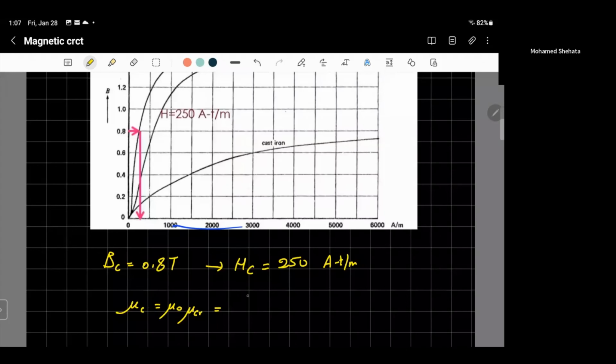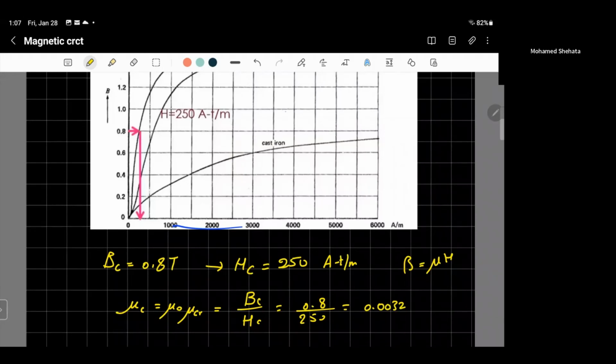That's equal to B over H, for the core. That's 0.8 over 250. I get the total, equal to 0.0032. All right, that was extra.